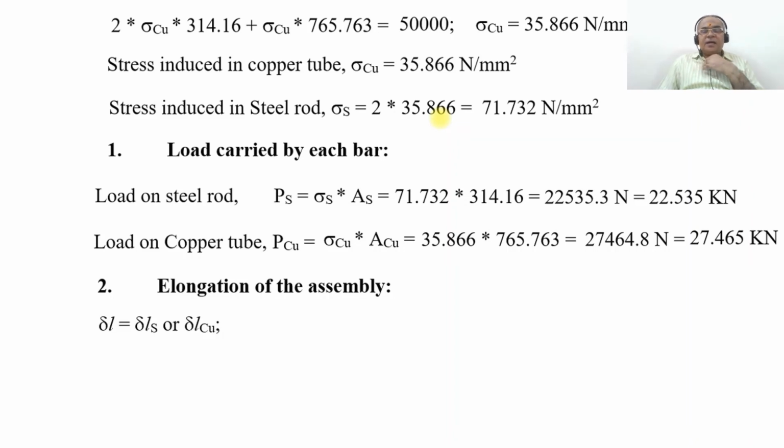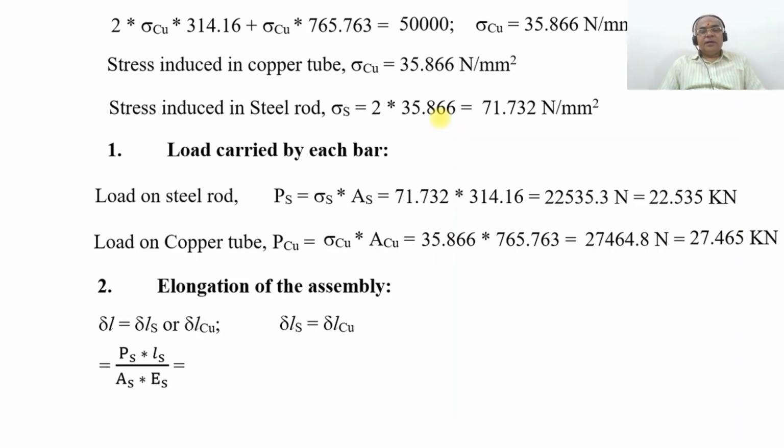So delta L will be equal to either delta LS or delta LCU. Either you can use the formula delta L equal to PS into LS by AS into ES, or delta L equal to PCU into LCU by ACU into ECU.